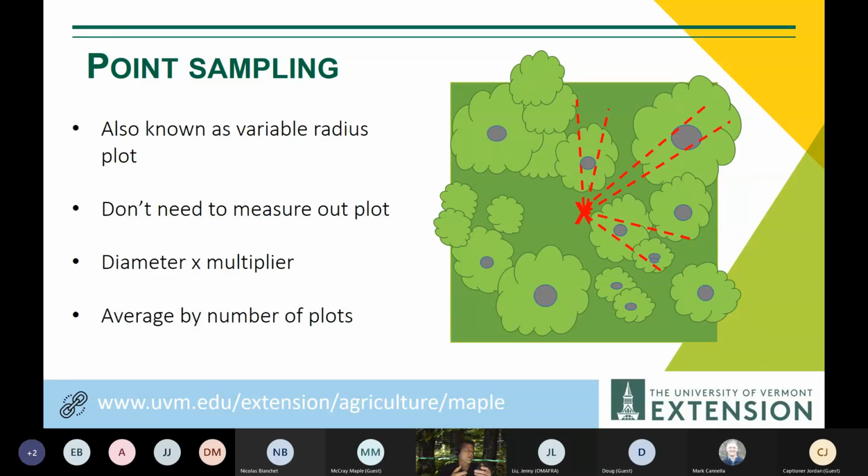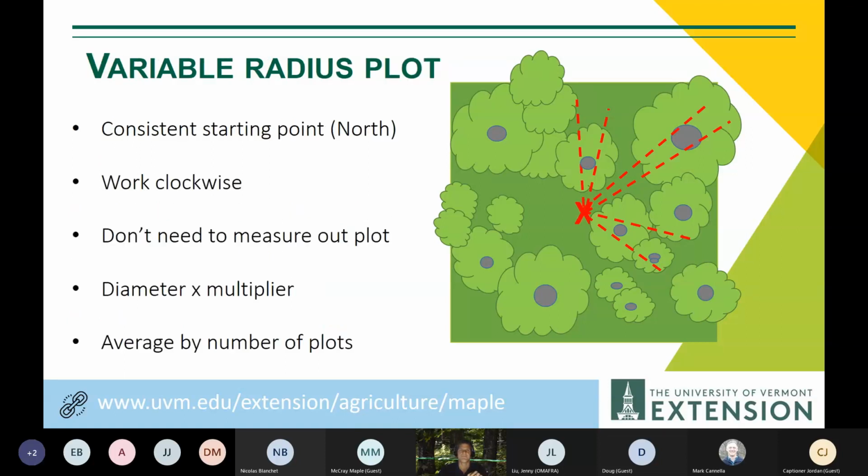And they will become more likely to be tallied the larger they are. So larger trees are more likely to be counted, but that just means that it's how the tools are designed. I'll talk about that in just a second.